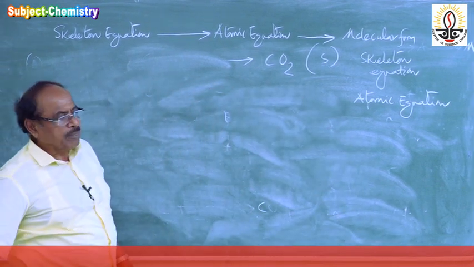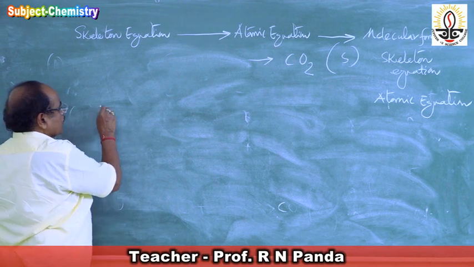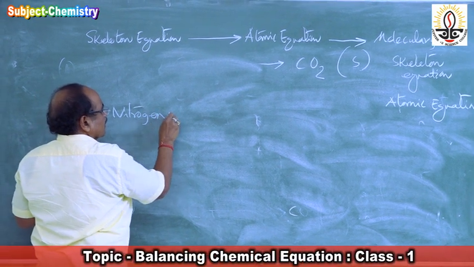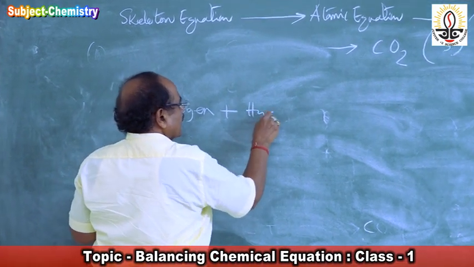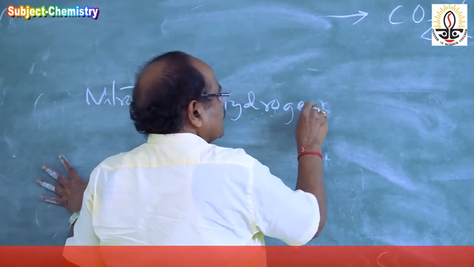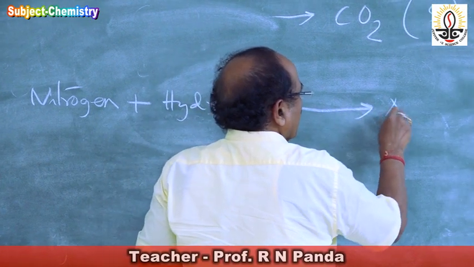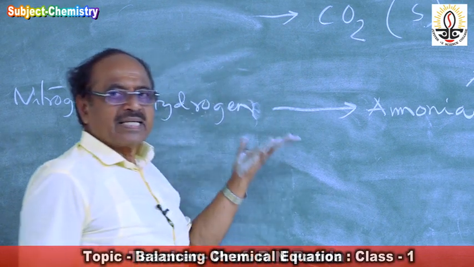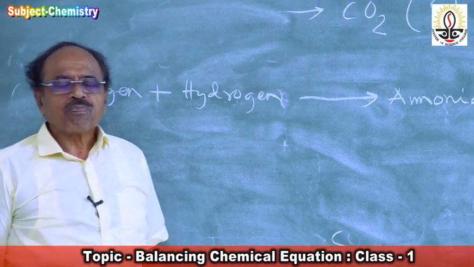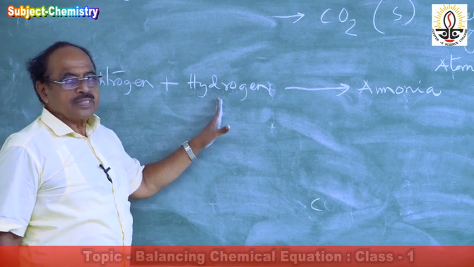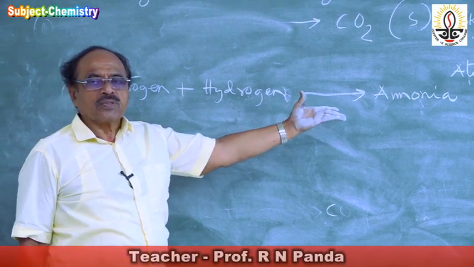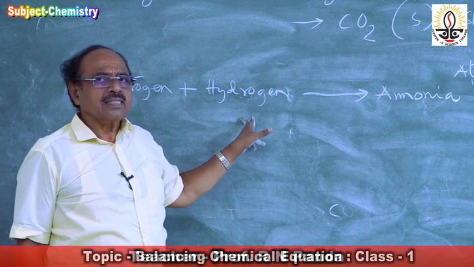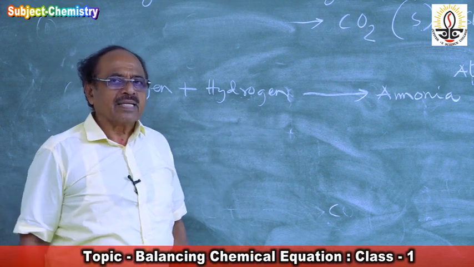For example, one simple example: we know a chemical reaction in which nitrogen reacts with hydrogen to produce ammonia. Since this is a chemical reaction, we can represent it by a chemical equation.